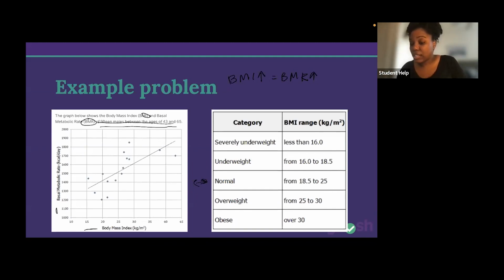As one increases, the other increases as well, okay? And then I see my categories over here all relate to BMI and whether you're considered to be severely underweight or overweight. Okay, I get it, cool, right? So that's kind of how I would look at it, okay? I got the lay of the land. I know what everything means and where everything is, cool.